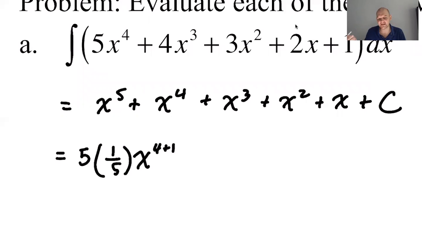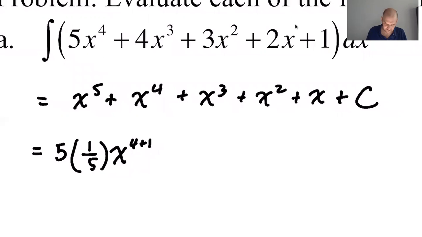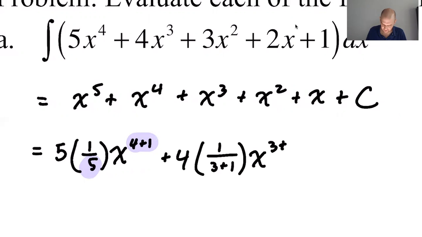I added 1 to the exponent and multiplied by the reciprocal of that. So this is the 1 added to the exponent, and this is the reciprocal of that. And then there's just a 4, like a constant multiple. I got 1 over, maybe I'll write it as 3 plus 1, and then x to the 3 plus 1.